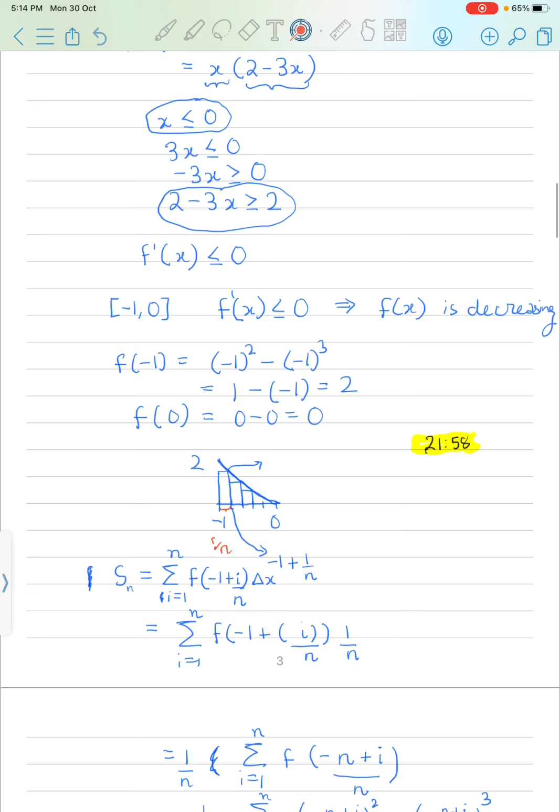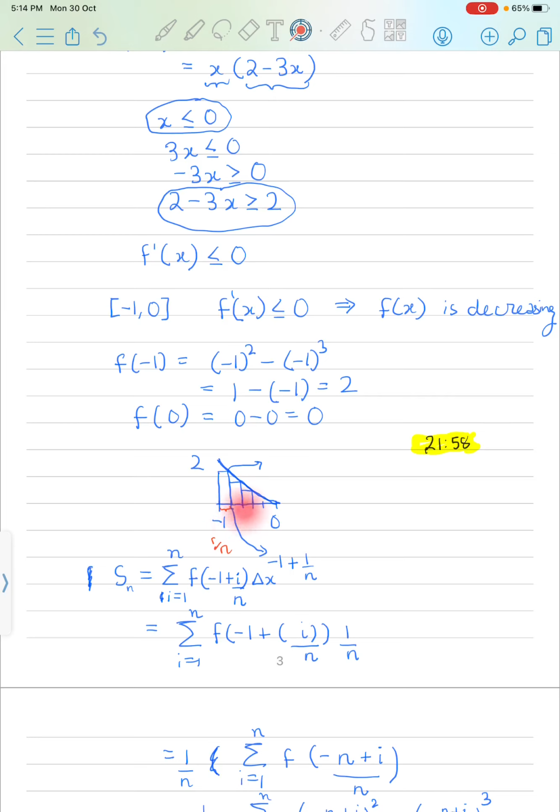So the graph would be something like this, and we are approximating it with n rectangles of equal breadth. The difference from minus 1 to 0 is 1. So if you divide it into n equal parts, then it should be 1 by n. So the first part here is minus 1 plus 1 by n.